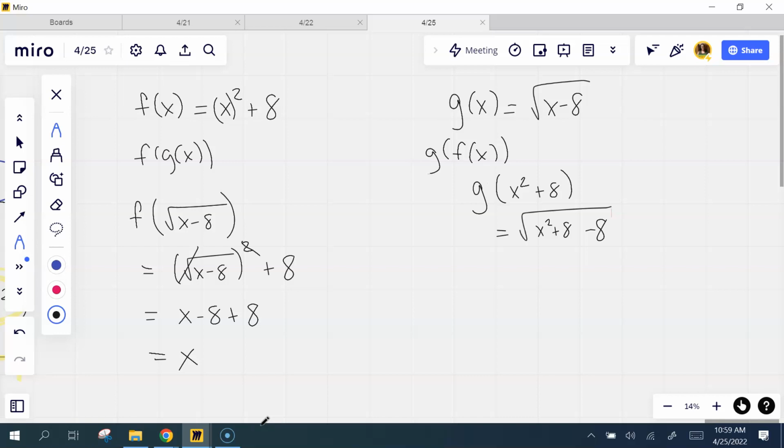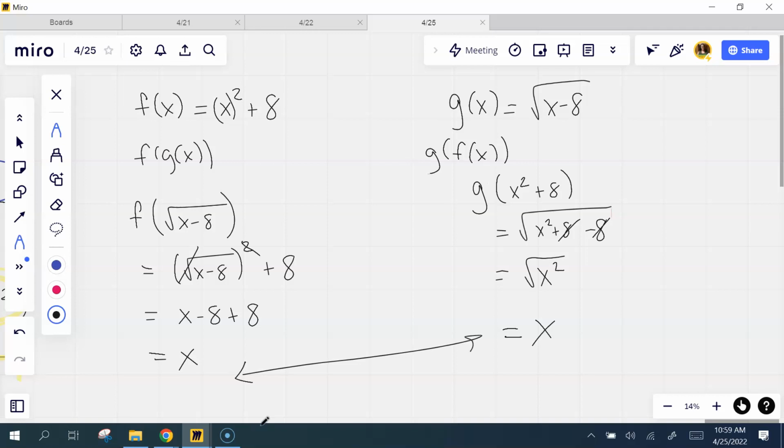What happens first? What do you think happens? The 8's cancel out. I need to work under that radical first because that radical groups things together, right? And so I need to stay under there and see if anything simplifies under there. So this gives me the square root of x squared, which cancels out, which leaves me with, look at this.